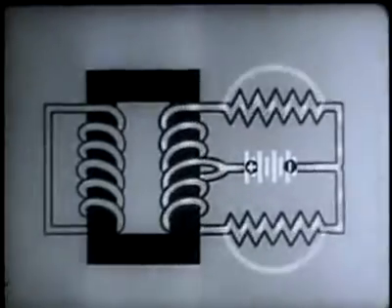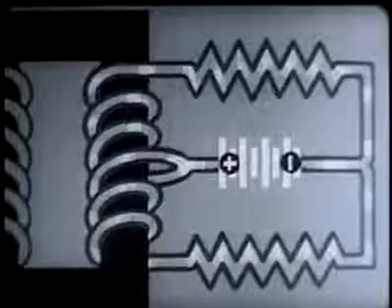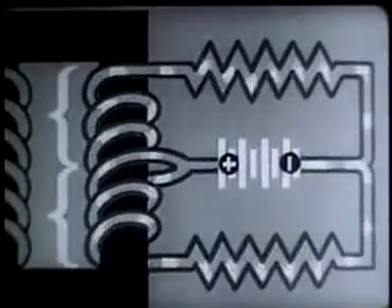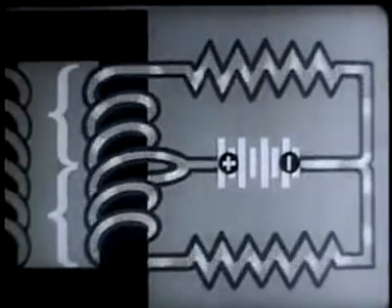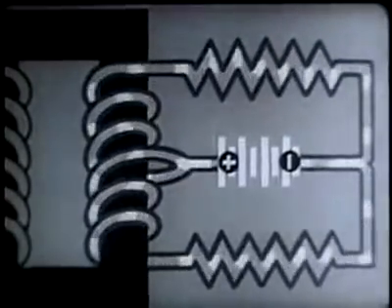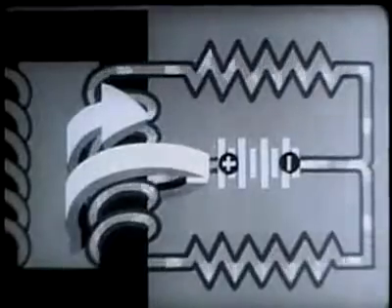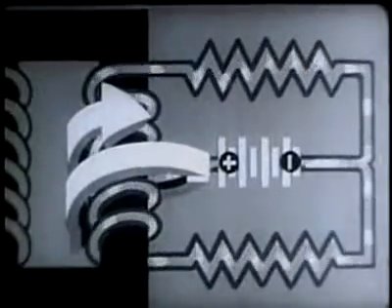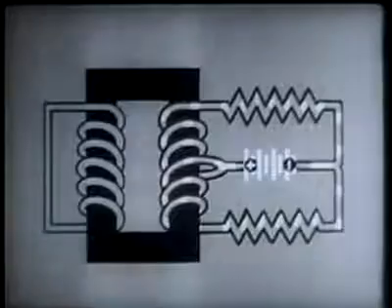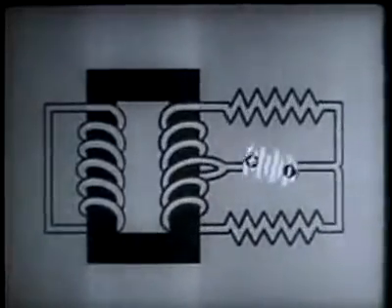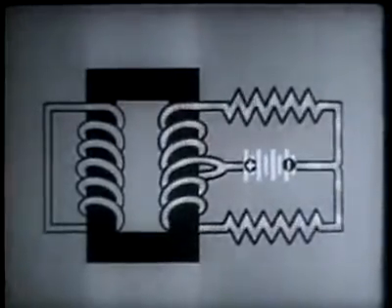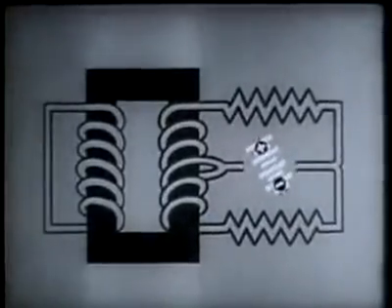Because the resistances are equal, the current divides equally between the 2 halves of the winding. There are now 2 equal currents flowing through the winding in opposite directions. Their magnetizing effects cancel each other, so no flux is produced in the core. Consequently, no current is induced in the second winding, even when the current in the first winding is changing.